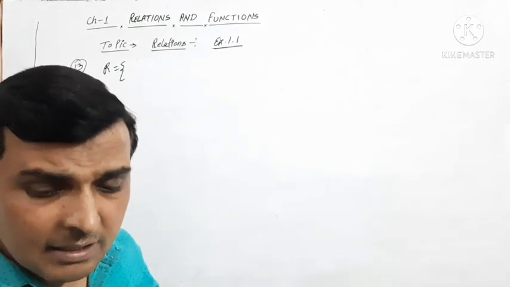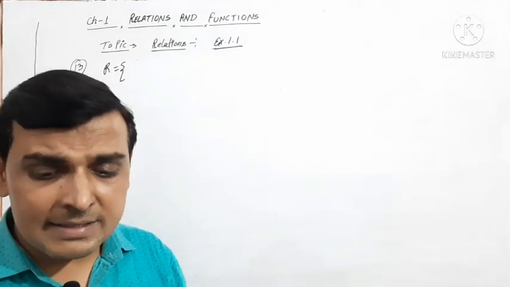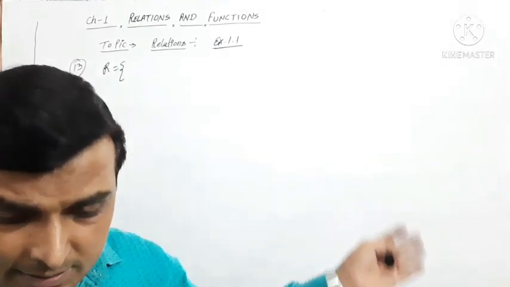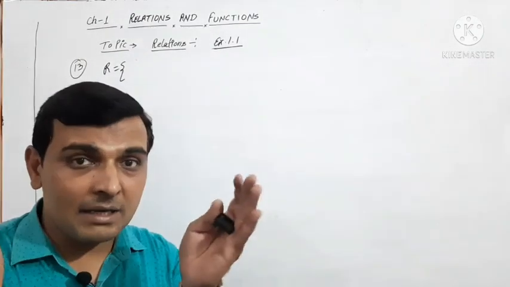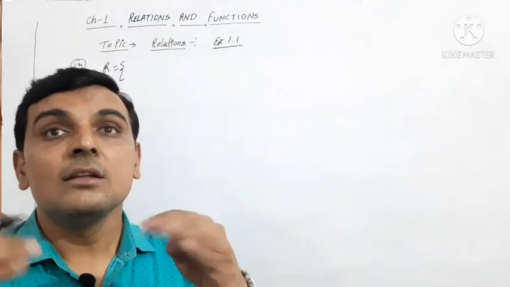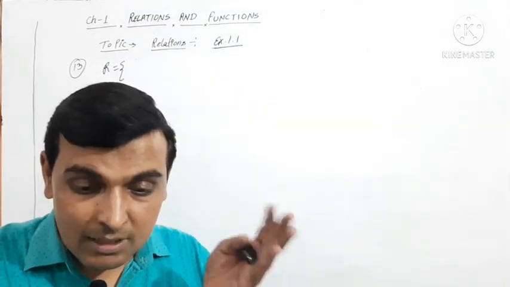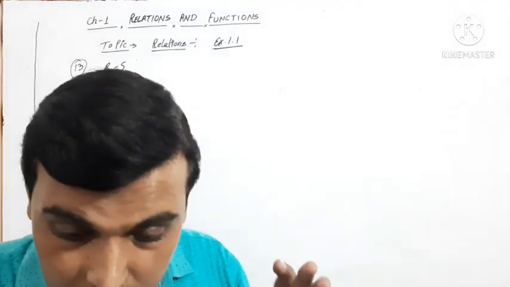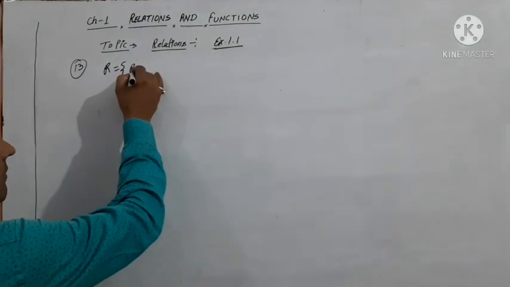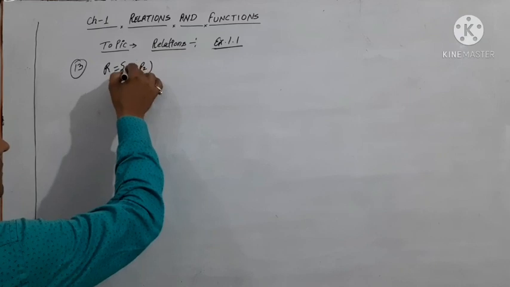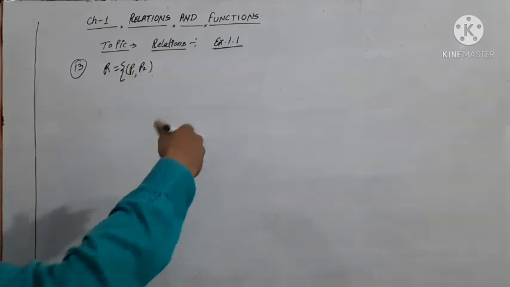Show that the relation R defined in the set A of all polygons. Polygons, you understand? A closed figure bounded by more than two line segments is called a polygon. So relation R is defined as P1, P2. What are P1, P2? P1 and P2 are polygons.